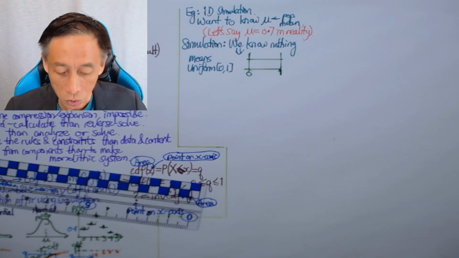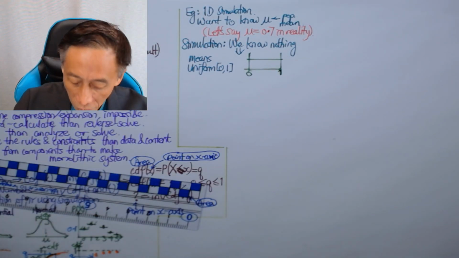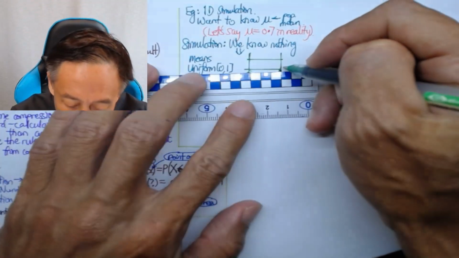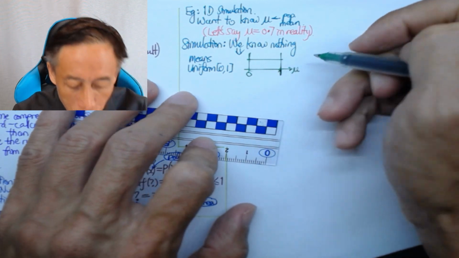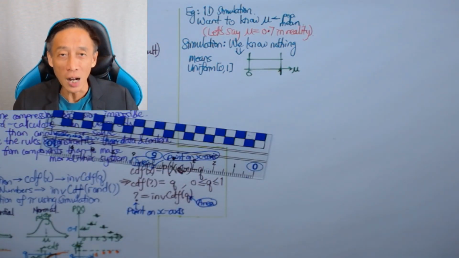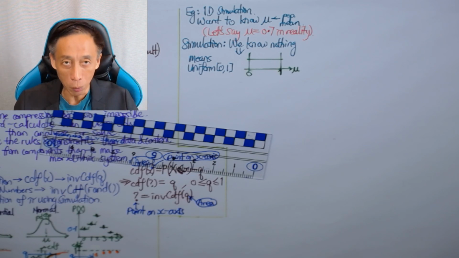We know nothing. So if you ask me what is the value of mu, and notice that my x-axis is the value of mu, that means what do we think is the chance of mu being 0, being 0.1, 0.2, 0.3, being 1. Let's say we limit the range to 0 and 1.